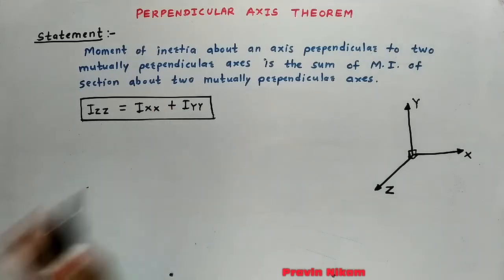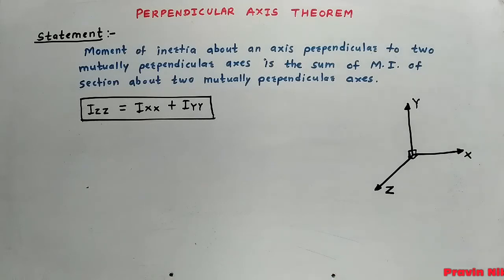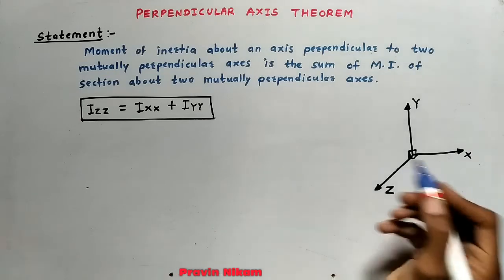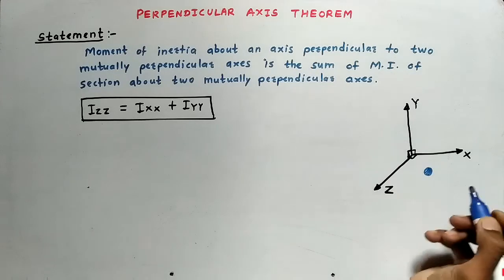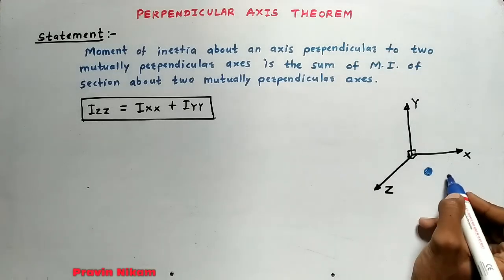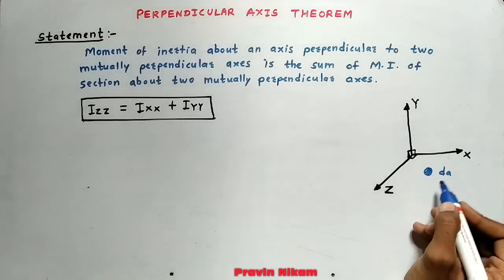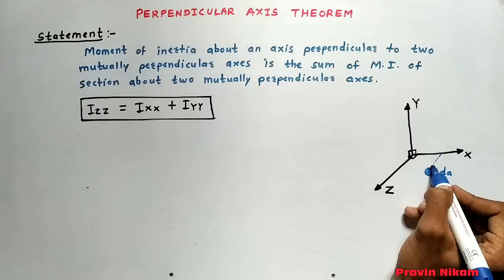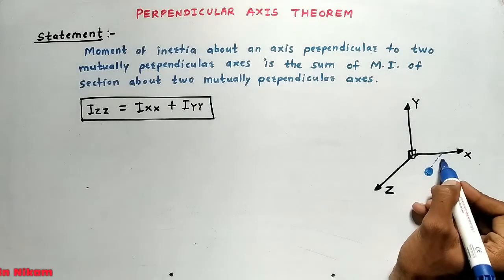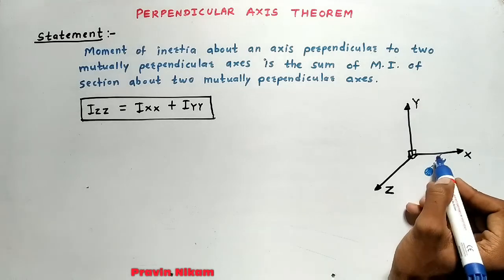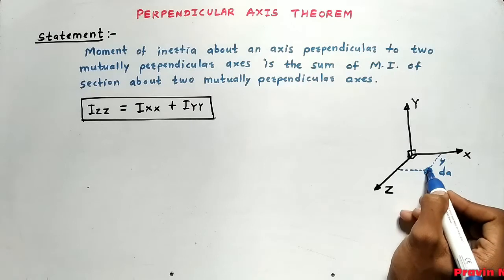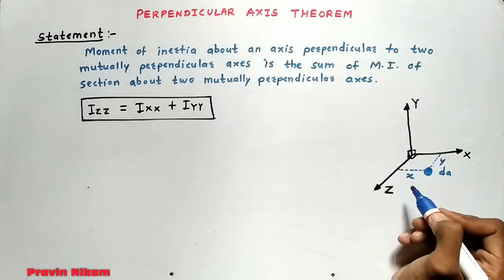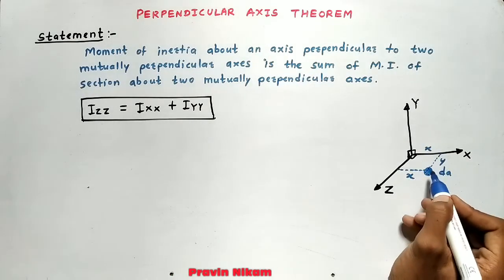Now let us prove this theorem, or let us derive this expression from this diagram. Consider one area dA. The perpendicular distance of this area from x-axis is y, and perpendicular distance of this area from z-axis is x.